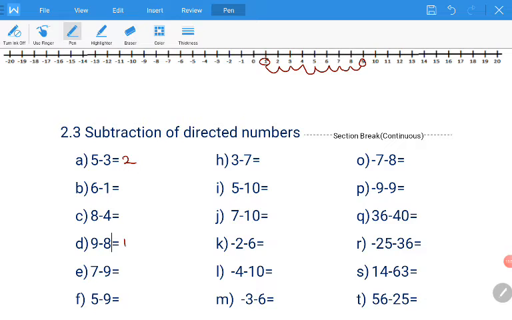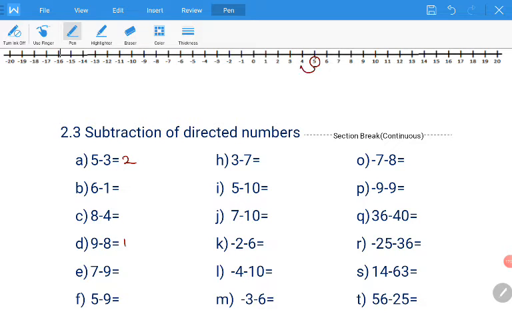Now, let's look at a question whereby a bigger number is being subtracted from a lesser number. Question F is saying 5 minus 9. So we go to position number 5. Then we move 9 places to the left.